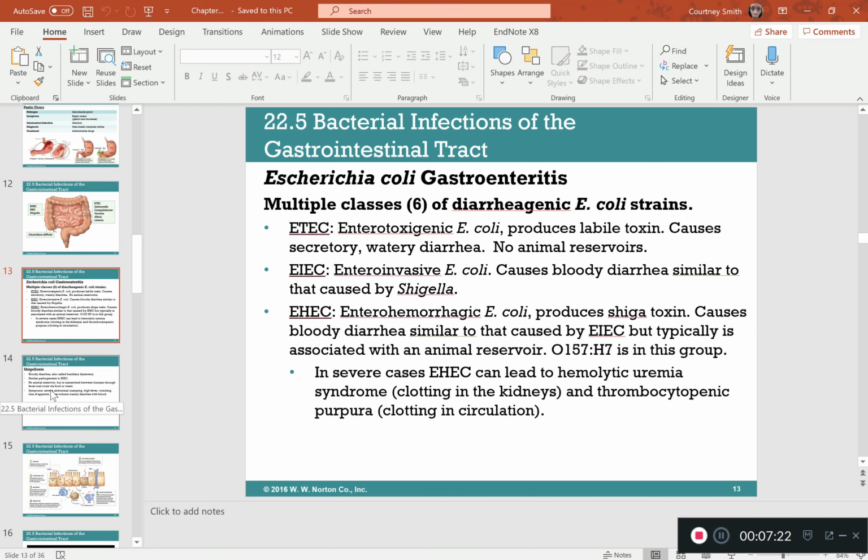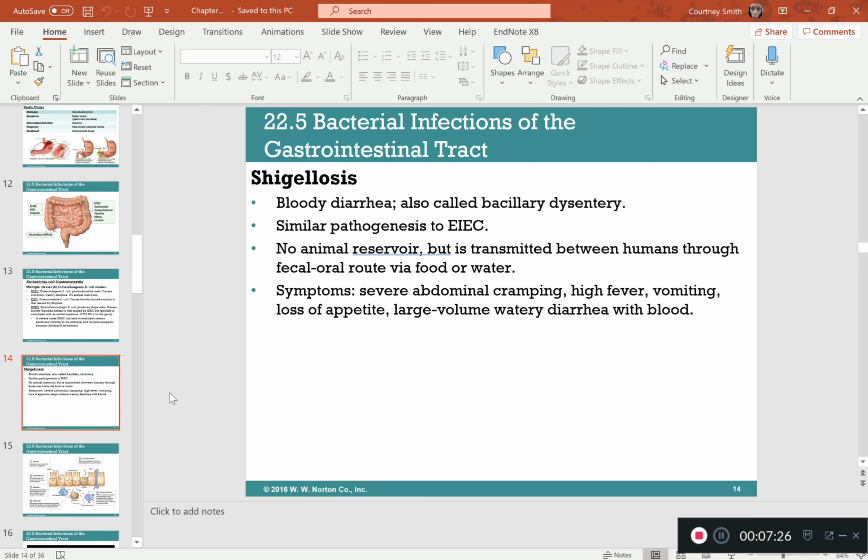So then the difference between the EIEC and Shigella is the fact of how it's borne, meaning how is it transmitted? So E. coli can also be transmitted through contaminated food and water, but specifically with shigellosis, it's strictly through transmission between humans via contaminated food or water or the oral fecal route.